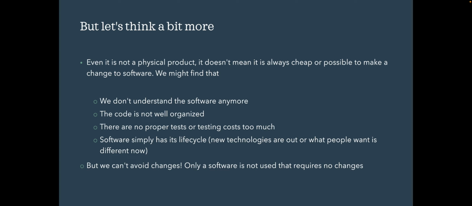There's no proper test or testing costs too much, so it is not safe for us to make changes because we don't know if the change will break the software. Or the software just has its life cycle. New technologies come out, or the people just want different things. However, we cannot avoid changes because software always requires changes unless the people don't use it anymore.